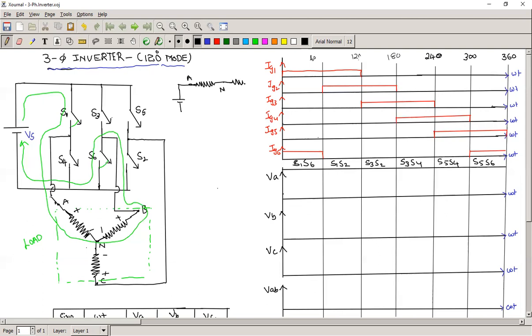Again here the B phase, returning to the source. This is R, this is R, this is Vs. So VAN, this is the direction of the current. This is the actual voltage across the phases.